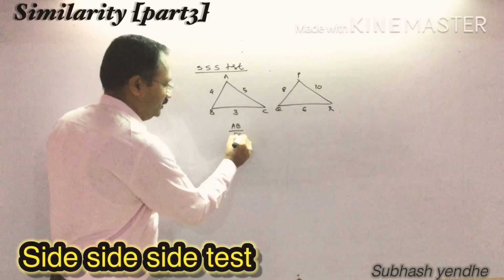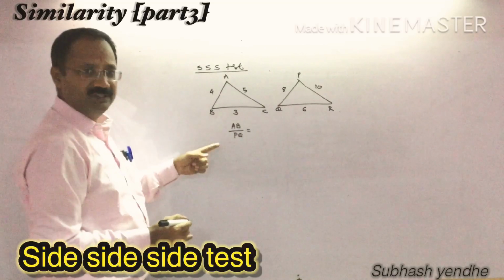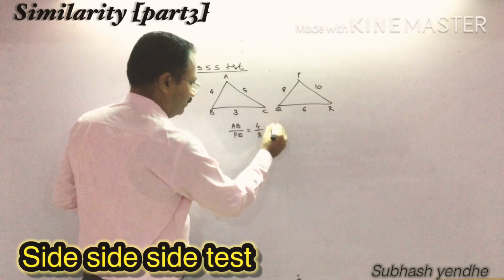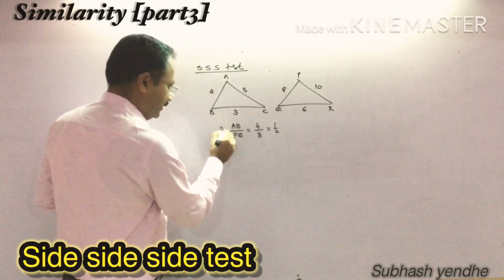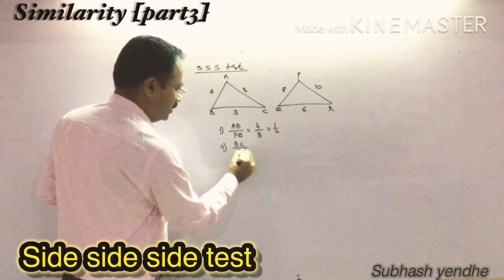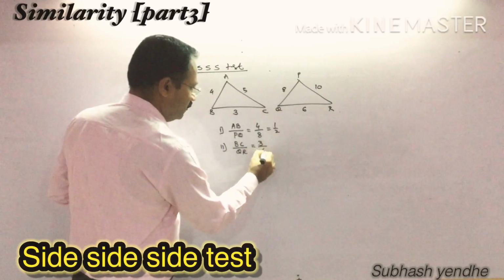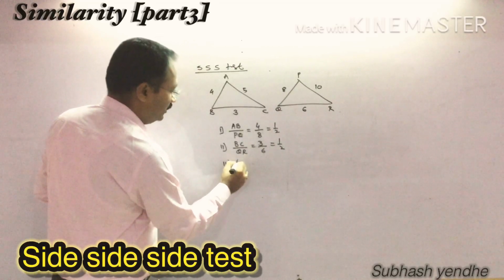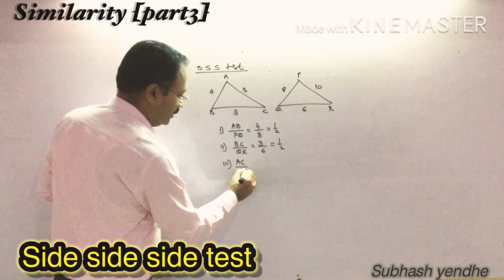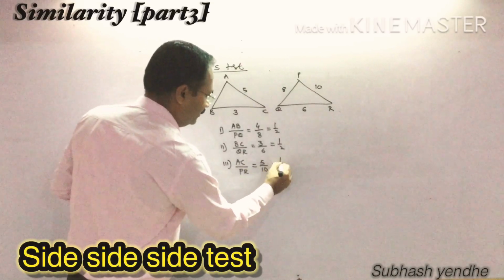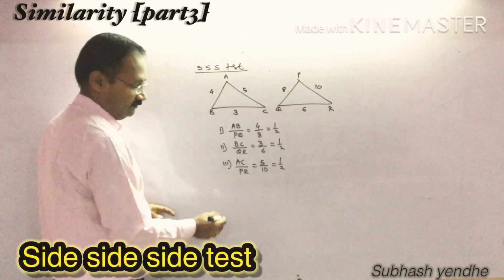AB upon PQ. If you take the ratio of these sides, you will get 4 upon 8 equals 1 upon 2. This is number 1. Then BC upon QR equals 3 upon 6, again 1 upon 2. Third, AC upon PR equals 5 upon 10 equals 1 upon 2.